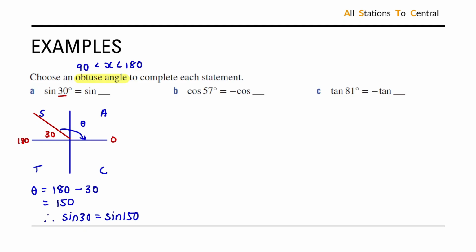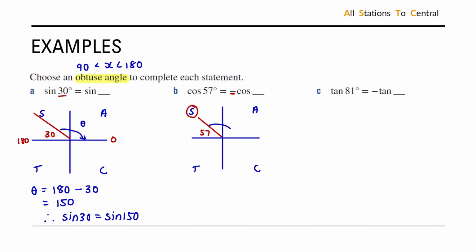If again I put that in my calculator, both should give me the same answer. Here I'm going to look at cos 57. All stations to central. First thing is I've got cos 57 degrees. It's an obtuse angle, so I know it's going to be in this quadrant here. And also this negative is telling me it's in the second quadrant. I'm going to draw my line and I'm measuring a 57-degree reference angle.